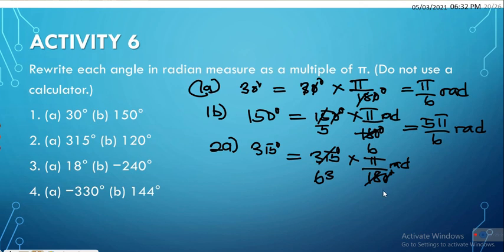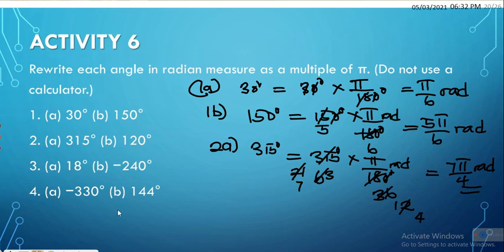So 3 can go, so 3 into 21 is 7 and 3 into 12 is 4. So the answer is 7 pi over 4 radian.